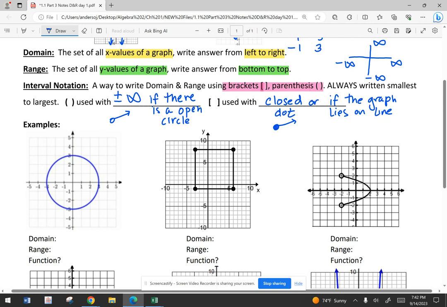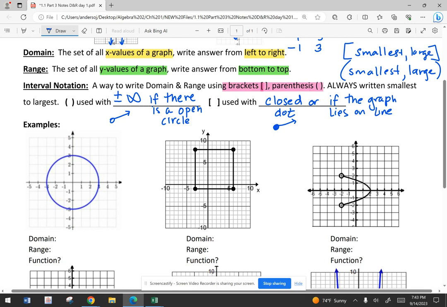So when we look at these, again, we're going to be writing them in interval notation. Interval notation is going to go from the smallest to the largest. Whether you're using parentheses or brackets, it's always going in that order.